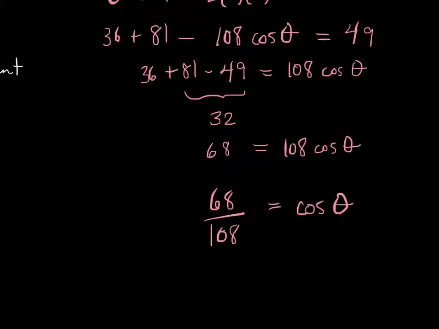The calculator will tell us what theta is. Now do the inverse cosine of that, and the number is 50.9771977 dot dot dot. So 50.97 whatever degrees.